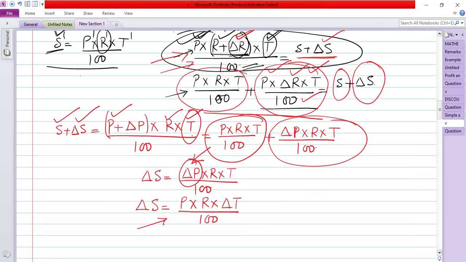This delta T means if we increase or decrease the time interval, then there will be an increase or decrease in the simple interest. So if the question is based upon a change in the principal amount or a change in the time, then we can directly use these formulae.